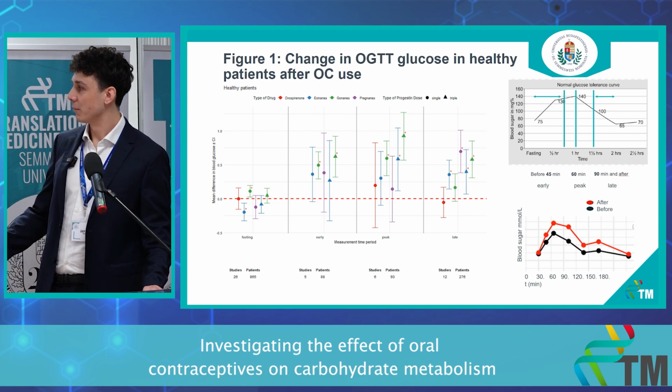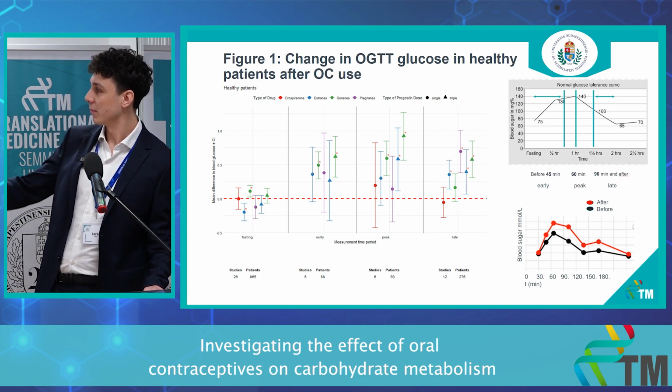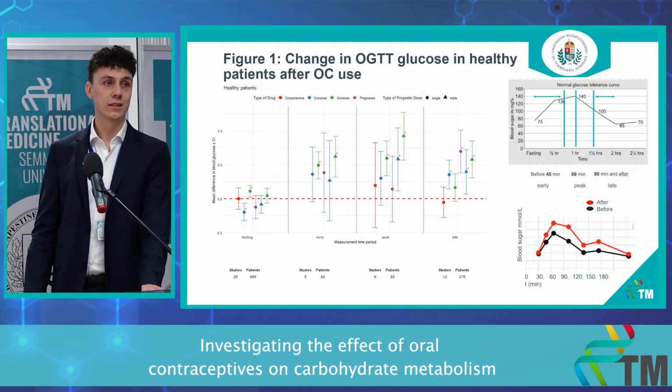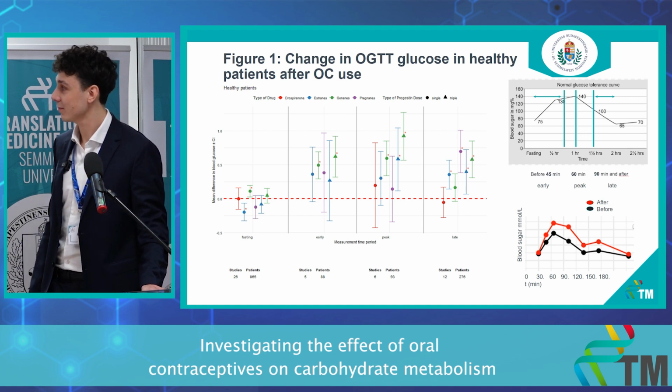I'm not going to go into too much detail on my diagram, but the different colors represent different kinds of compounds, different drugs. For example, the red dots are drospirenone, the green dots are the gonans, as I mentioned, for example, levonorgestrel or desogestrel, and the circles are monophasic and the triangles are triphasic contraceptives.